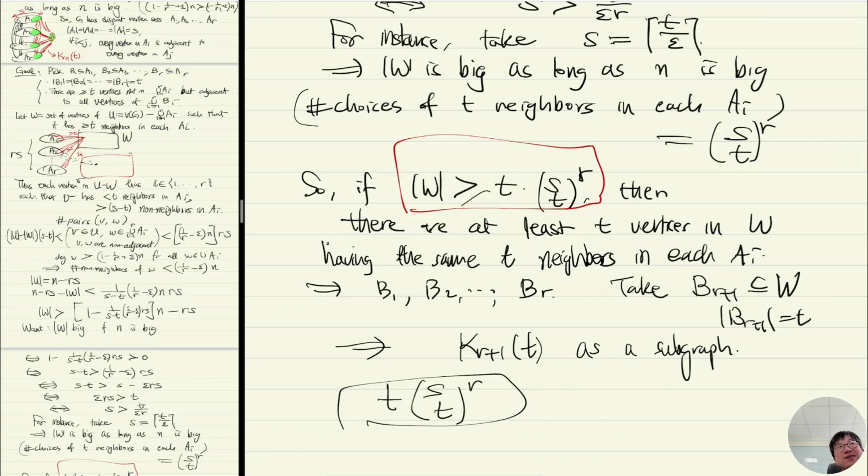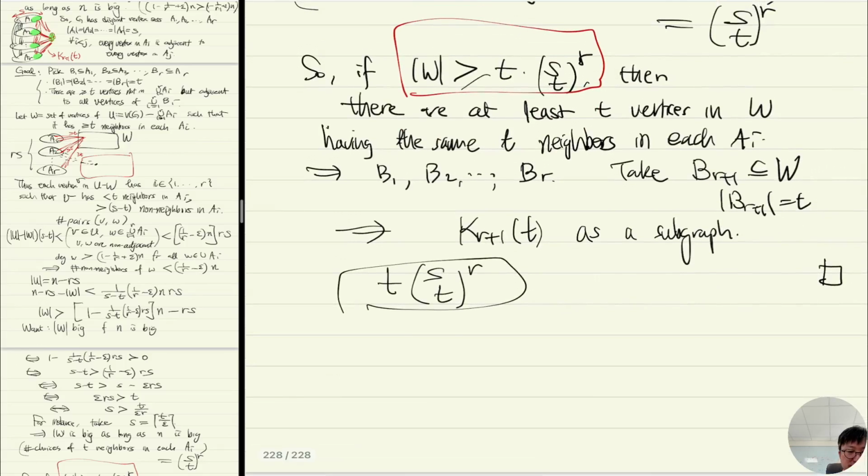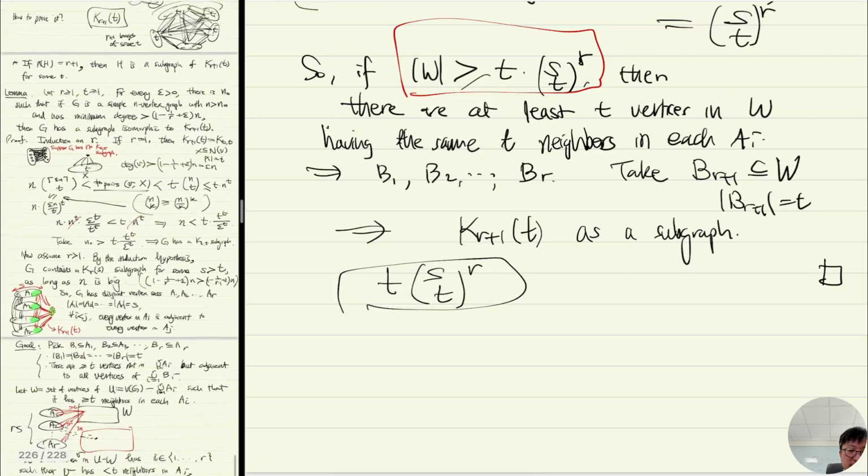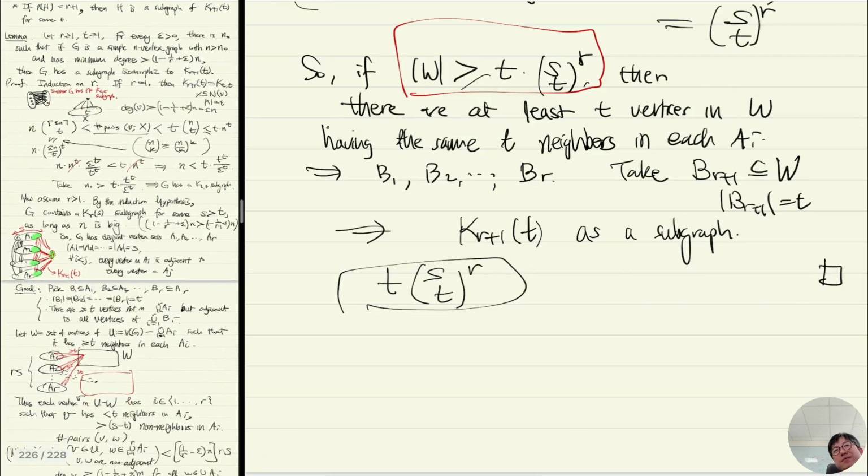So if n is big, W will be big enough so that it's bigger than this number, and therefore the graph will have a K_{R+1}(T) as a subgraph. So that's our first lemma. That's the weakest case, right? If minimum degree is big, then you must have the blow-up of a complete graph as a subgraph.